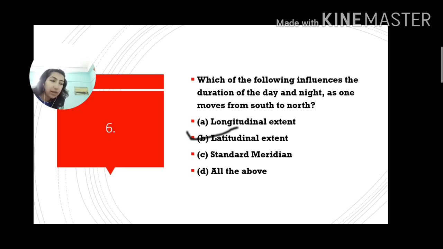Now what is that? Latitudinal extent, as in the latitudes. As you move upwards, in case of India for example, you are going nearer to the poles and away from the equator, because if you are south, you are nearer to the equator. The nearer you are to the equator, the duration of days and nights are almost equal.